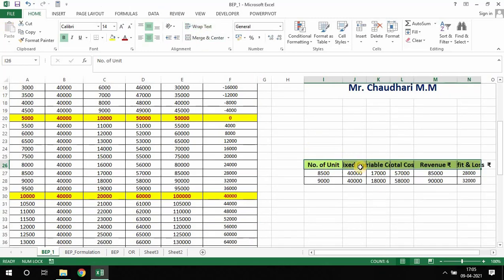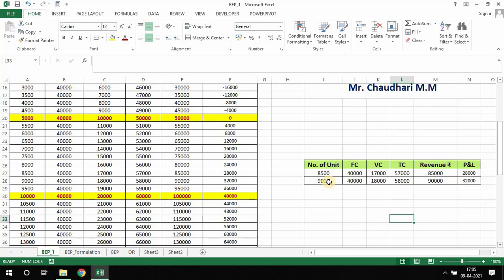Okay, wrap text. Number of units, then the second term is fixed cost, the next term is variable cost, then the total cost and revenue, and the last one is P and L, meaning profit and loss.